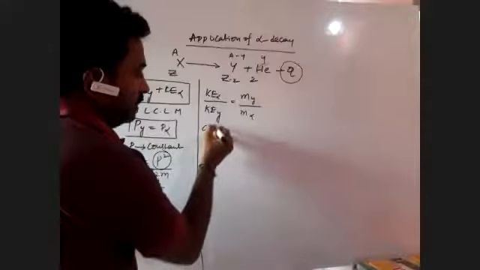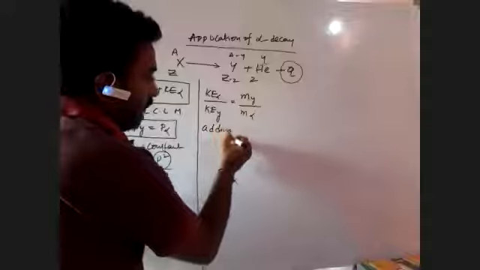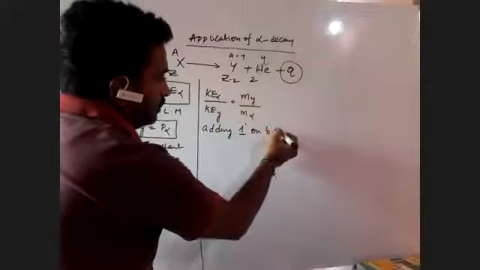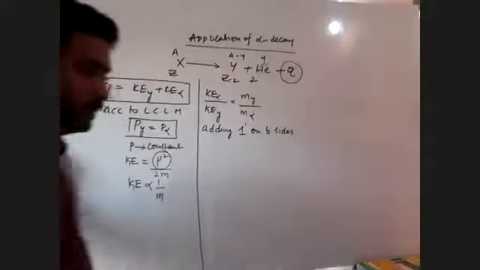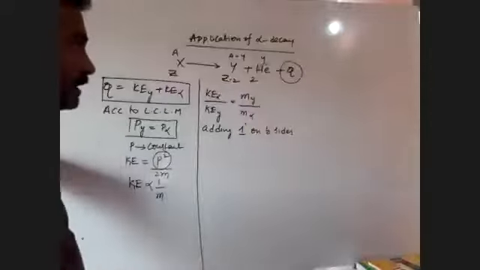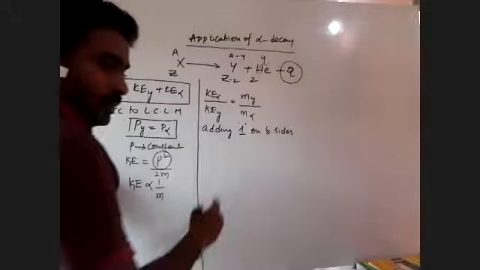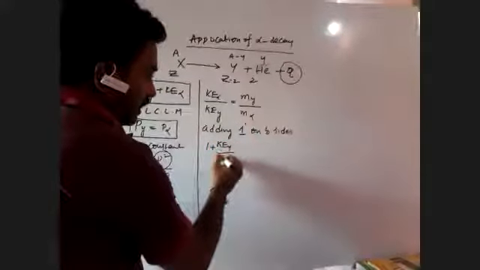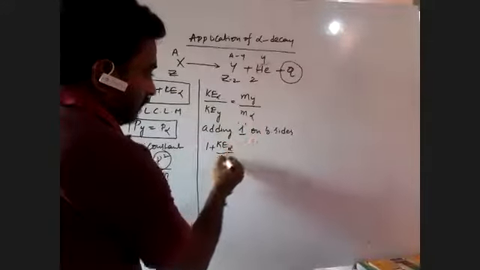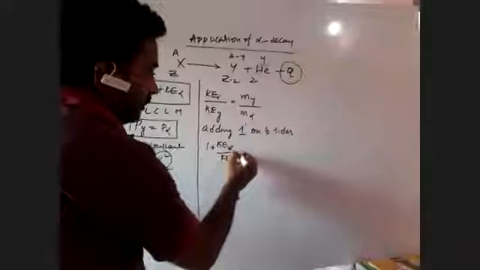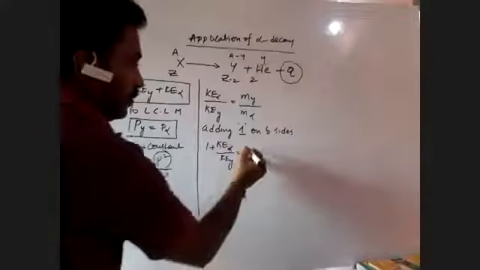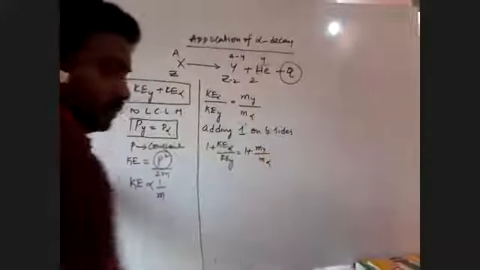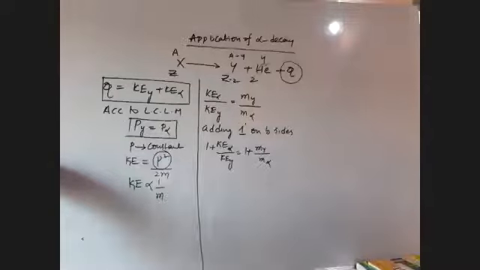Adding 1 on both sides, what I'll get here is 1 plus KE alpha by KE Y equals 1 plus M Y by M alpha.